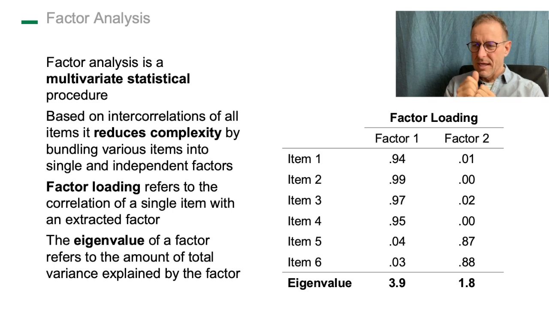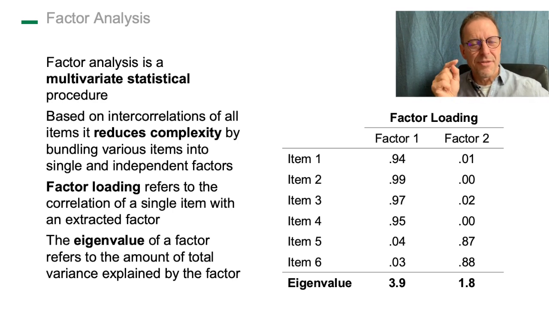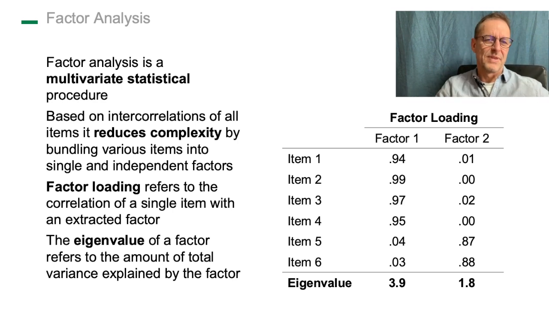So in our example here, factor 1 has an eigenvalue of 3.9. That means that this factor is capable of explaining the variance of 3.9 items. That summarizes 3.9 items into one factor.